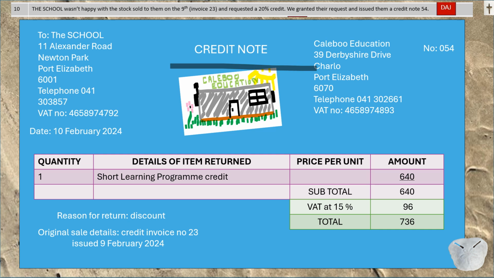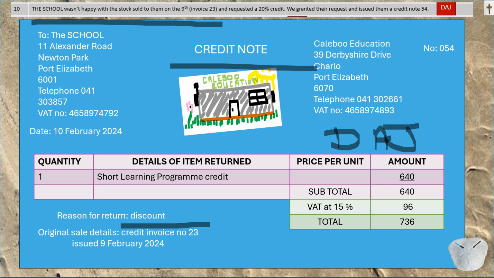This is an example of a credit note where the school wasn't happy with some goods, so they got a discount. This was recorded in the debtors allowance journal. We've done a debtors allowance journal in previous videos, but this is an example of a credit note where the school was credited.